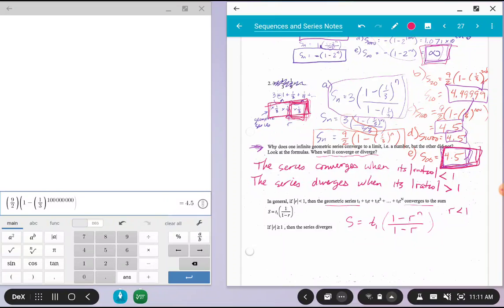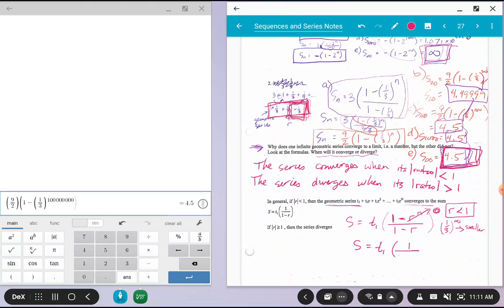remember from our worksheet from the other day that if a value is smaller than 1 and you take that to the infinity power, this number keeps getting smaller and smaller and smaller until, poof, it goes away to 0. This is basically going to go to 0. And that's why when you find that the ratio is smaller than 1, then you have a new formula where you have t sub 1 times 1 on the top, but then you minus 0.